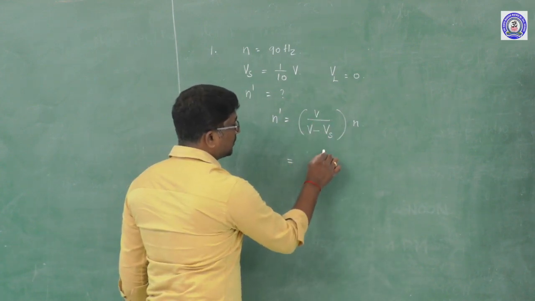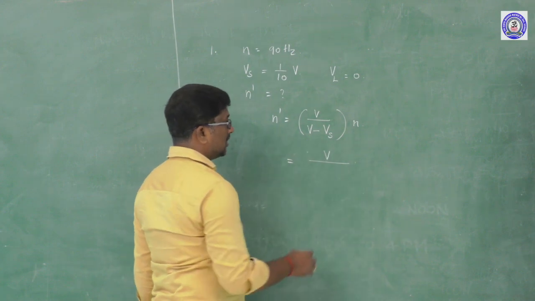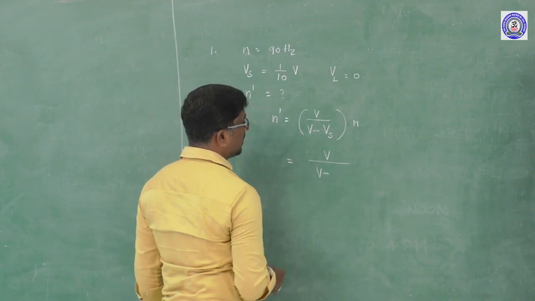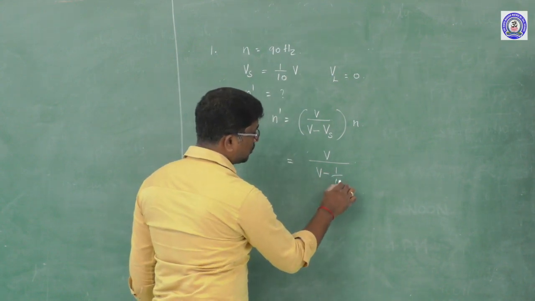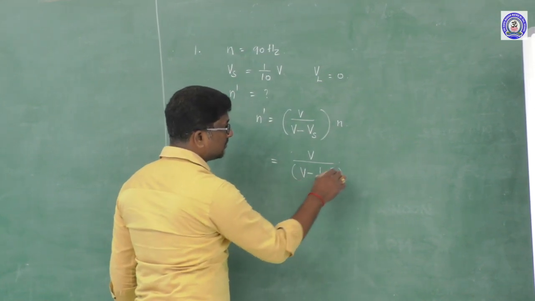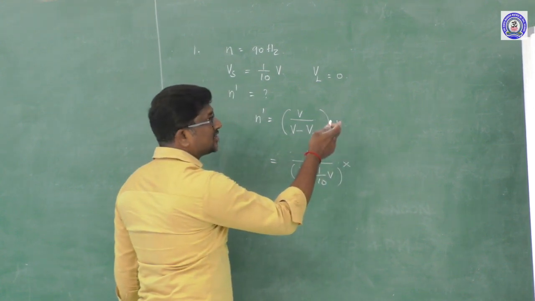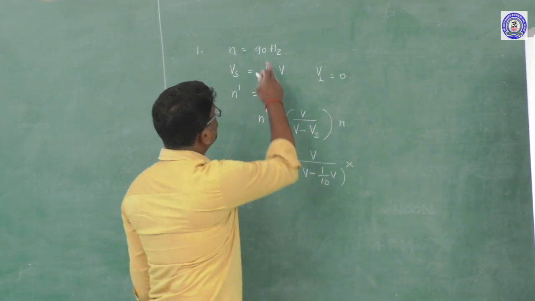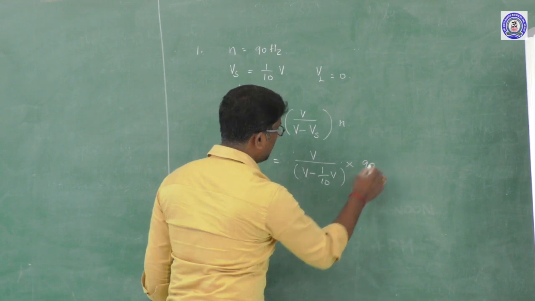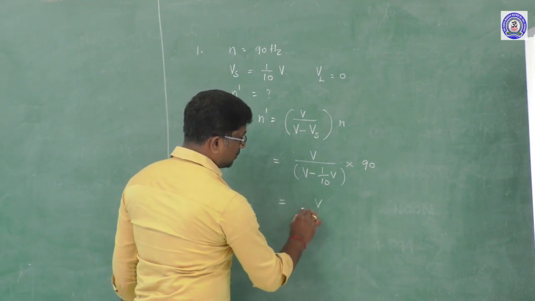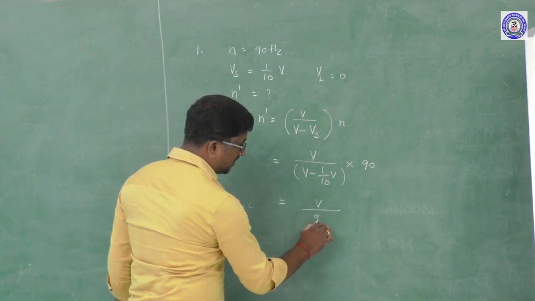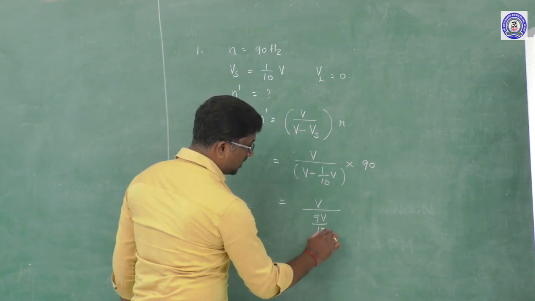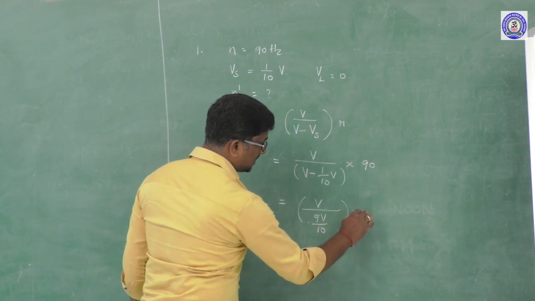Here V is the velocity of the sound and Vs is 1/10 of V. So V divided by V minus V/10, into the actual frequency of 90 Hz. So V divided by 9V/10 into 90.